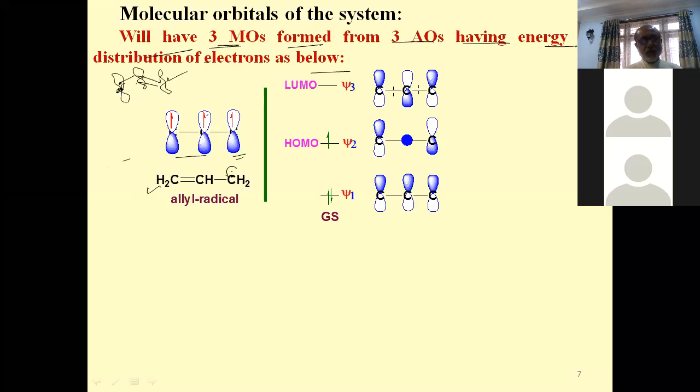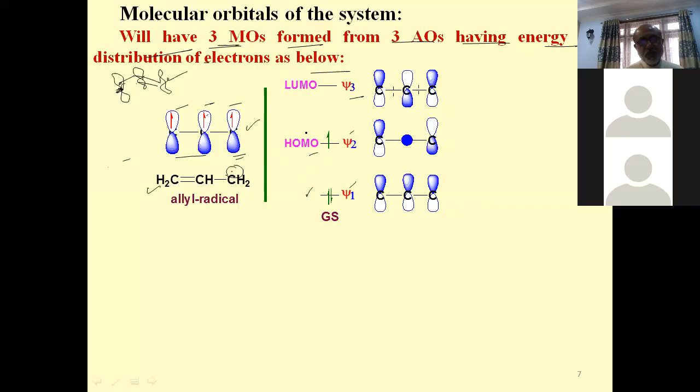This 1 electron is very tiny, not very visible here. So with 3 orbitals, we'll get 3 molecular orbitals, psi 1, psi 2, psi 3. We have 3 electrons in total, so the first one gets 2 electrons, and the second one will have 1 electron.